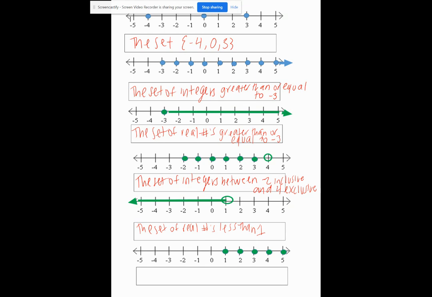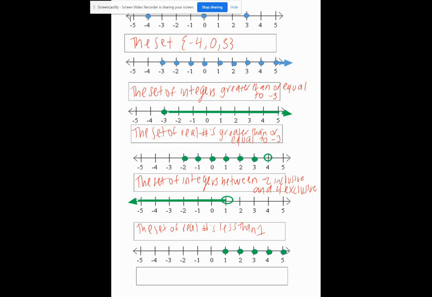Then finally, we have the one on the bottom. And I gave you this one because I wanted to show you that you can name it integers. You can name it whole numbers. You can name it natural numbers. Any of those 3 work. Like I've told you in class, if you want to play it safe, always name the dots integers. If you want to show your knowledge, you can say natural numbers, whole numbers.